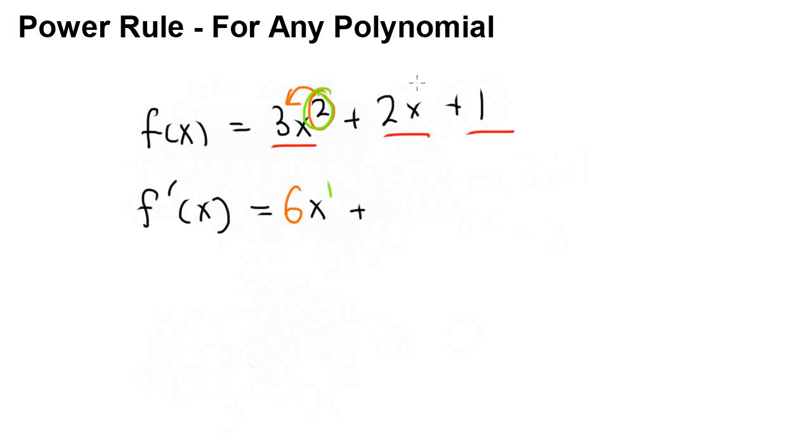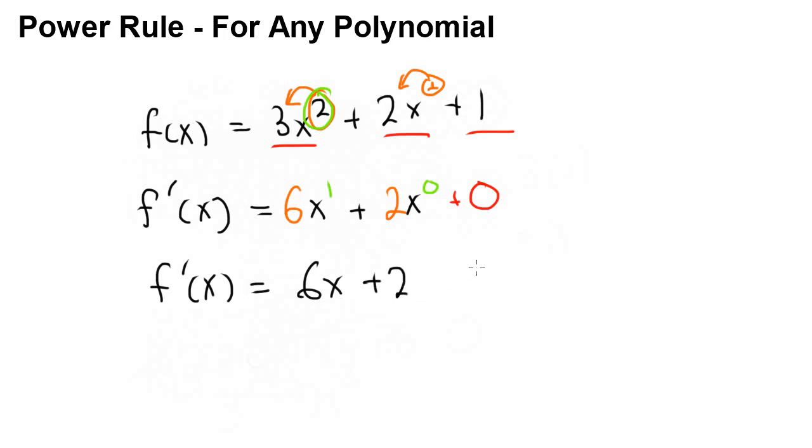Then we take this power, which is a 1, multiply it with a 2, and then we get 2, keep the x, and then x to the 1 minus 1, which is x to the 0. And then lastly, we get this, it's a constant, and remember, constants go to 0, so we get plus 0. So our final answer would just be the power rule of each term individually, which would be 6x plus 2.